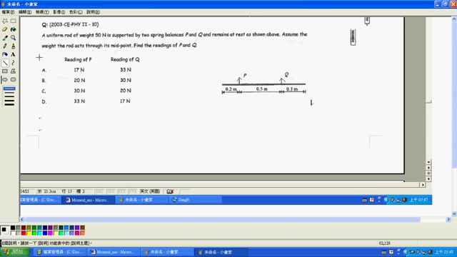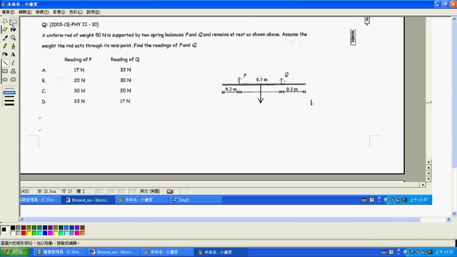All right, P and Q, and the length is 0.5 meter. There's one force missing in the diagram, that is the weight of the rod, which should be 50 Newtons.